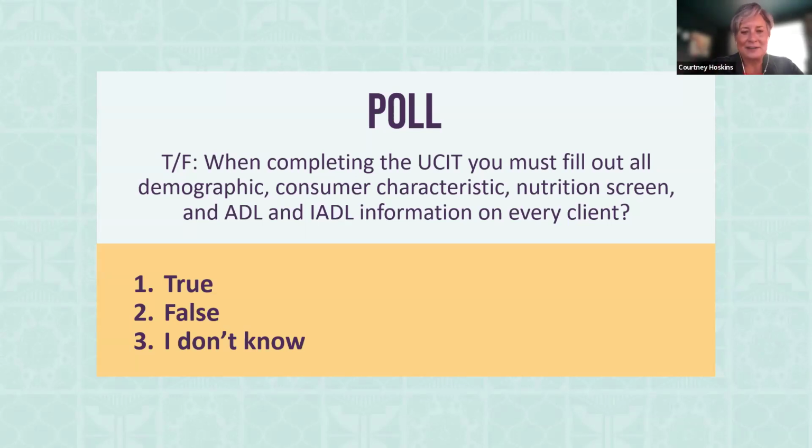I'm blanking on all the clustered services; we'll get into them again. But it is false because you don't have to do all of it for every client, just depending on what service they're going to be getting. Cluster 1 services is the most intense.